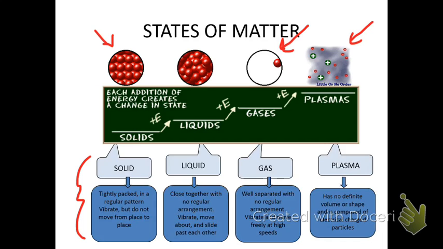What I really want to point out, though, is that this line here points to solids. Then notice you have to put some energy in them to make them liquids, and then you have to put more energy, usually in the form of heat energy, to make them gases. And then finally with gases, you add even more heat to make them plasmas.